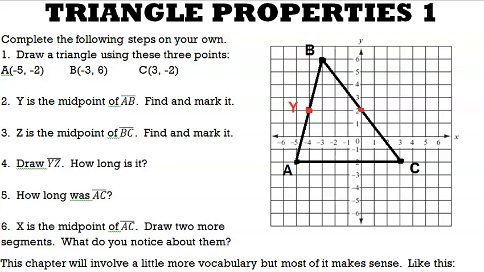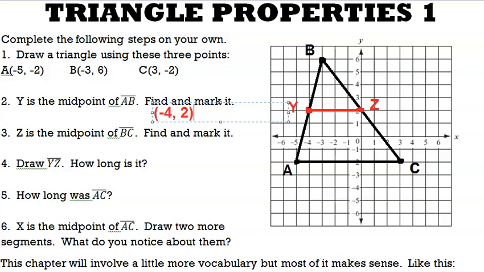And this is where we're going to get some interesting stuff going on. So you've got YZ. All right, there you go. So the question said, question number 4, draw YZ. How long is it? Okay, so we had Y was the midpoint of AB.